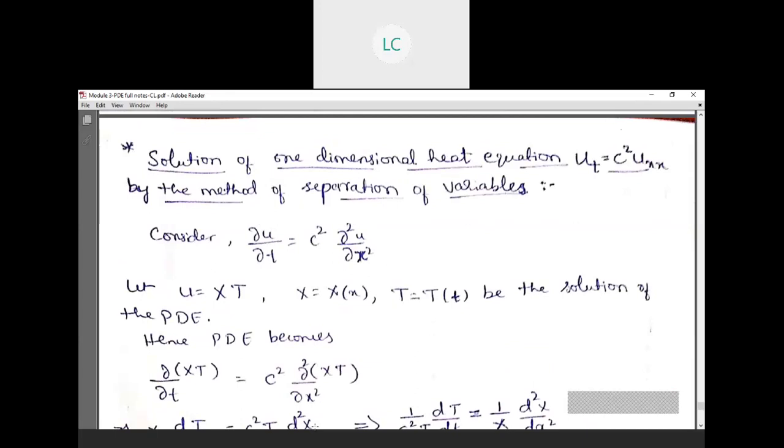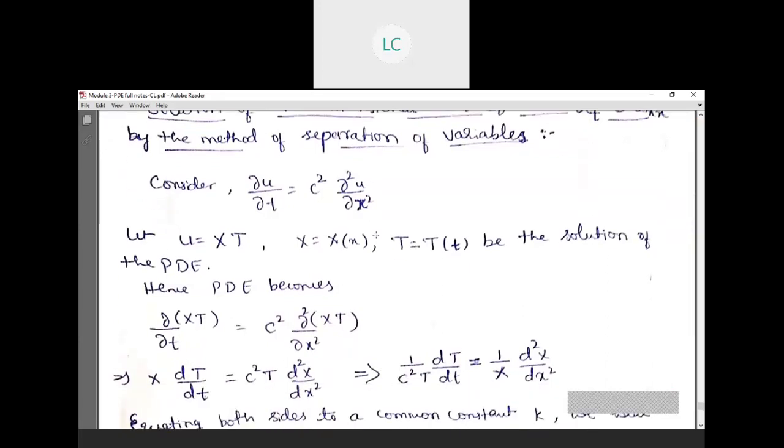There we have the wave equation with u_tt, here we have u_t only. Now first consider the heat equation. So u is equal to X T, which is the standard solution in PDE, where X is a function of x and T is a function of t. Now do the same procedure here.